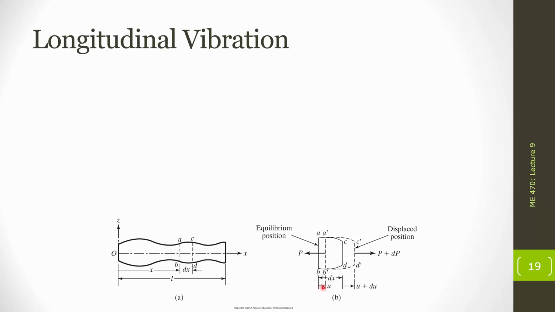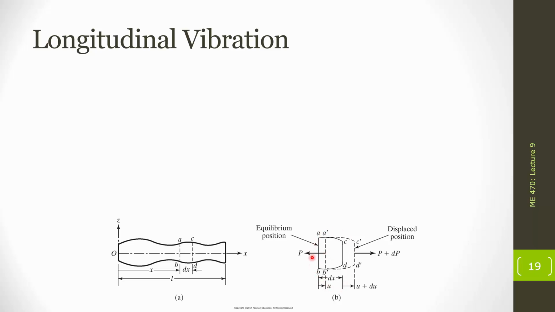And we're going to define the left degree of freedom here as having some motion u, or some deflection u. We'll define positive to the right, and u will be defined as its deflection from its equilibrium position. So a positive u is the left side traveling to the right of its equilibrium position, and a negative u is traveling to the left.